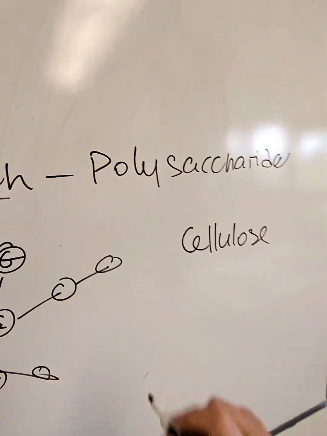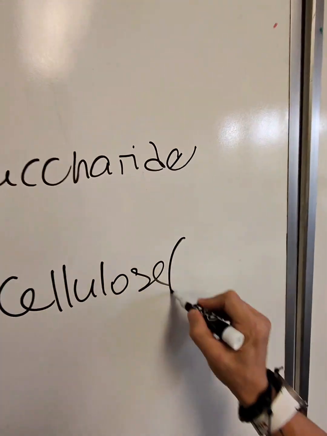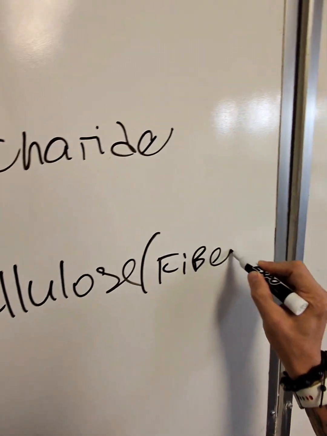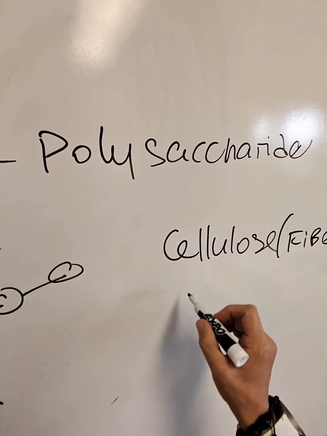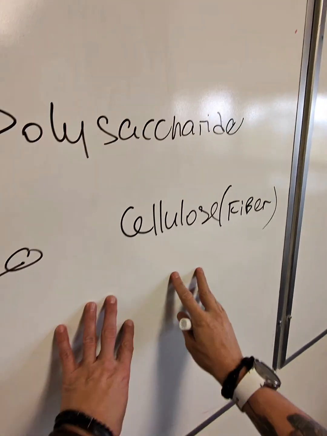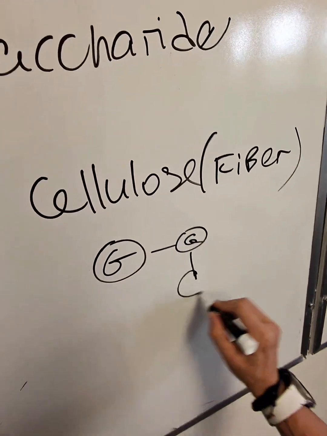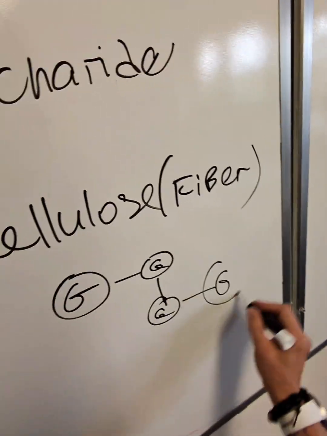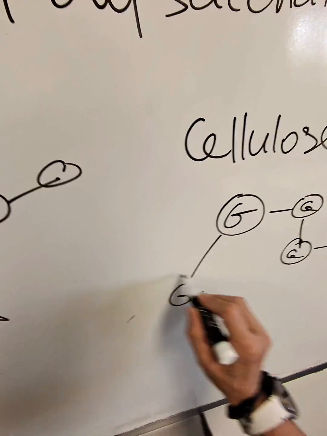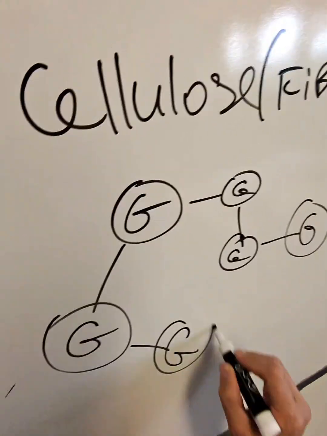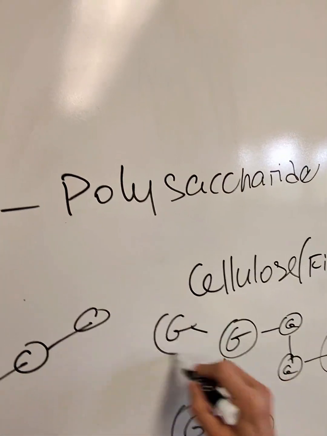Cellulose is also made of glucose molecules. Let's put fiber here. It's part of the plant structures, also glucose molecules. That's not very scientific what I'm doing right now, but it's basically glucose molecules.